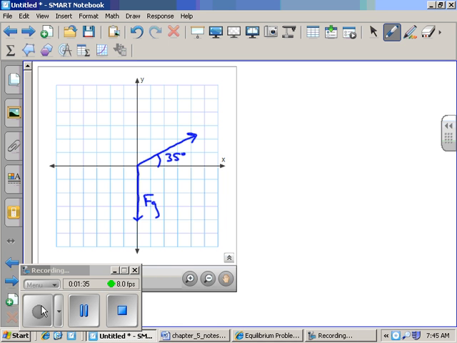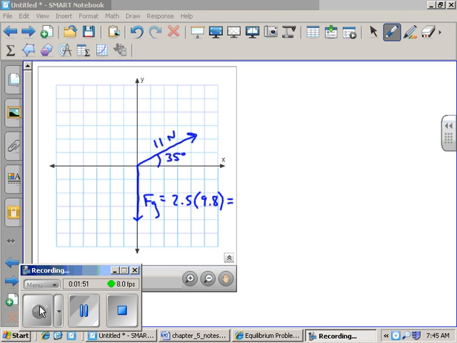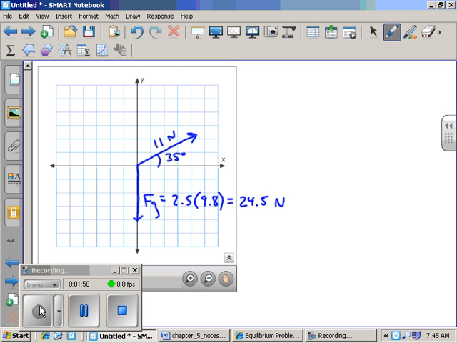And that applied force is 11 newtons. And technically we can calculate the weight, 2.5 kilograms times 9.8 meters per second squared. And that's 24.5 newtons down.